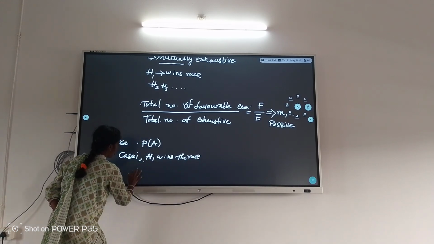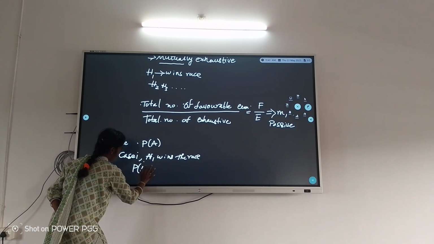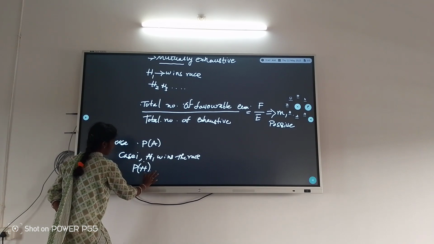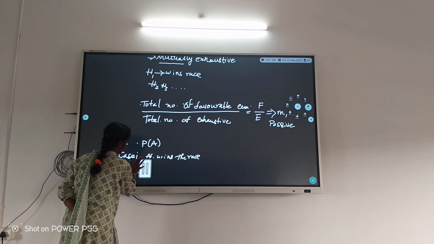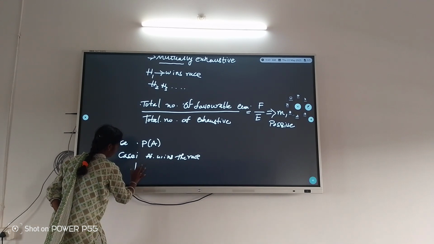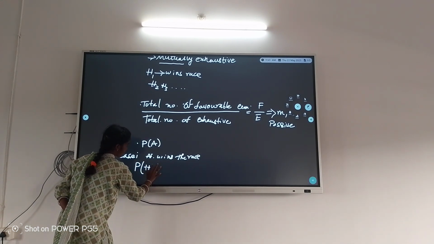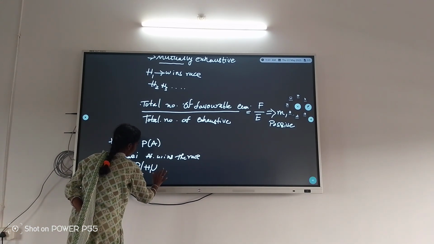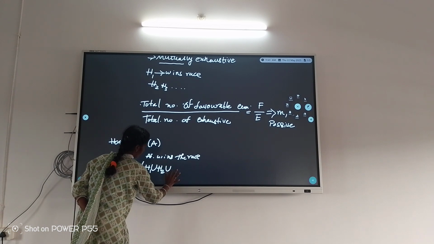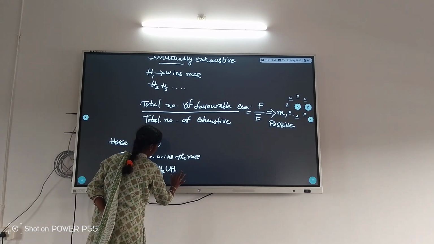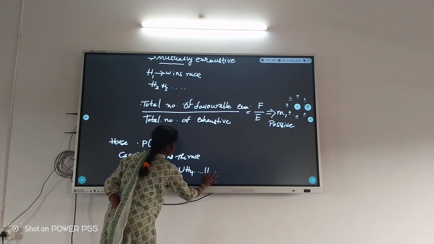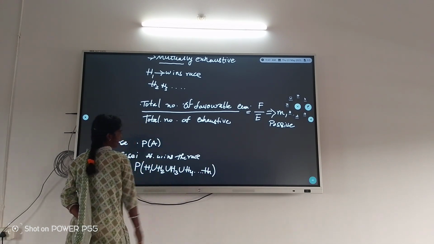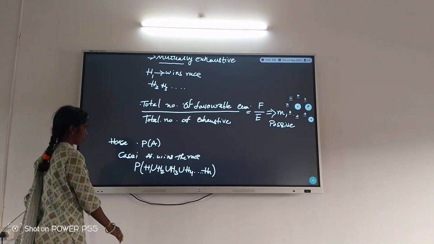We can write it in the formula as H1 union H2 union H3 union H4 and so on up to Hn, where we can take an infinite number of horses.